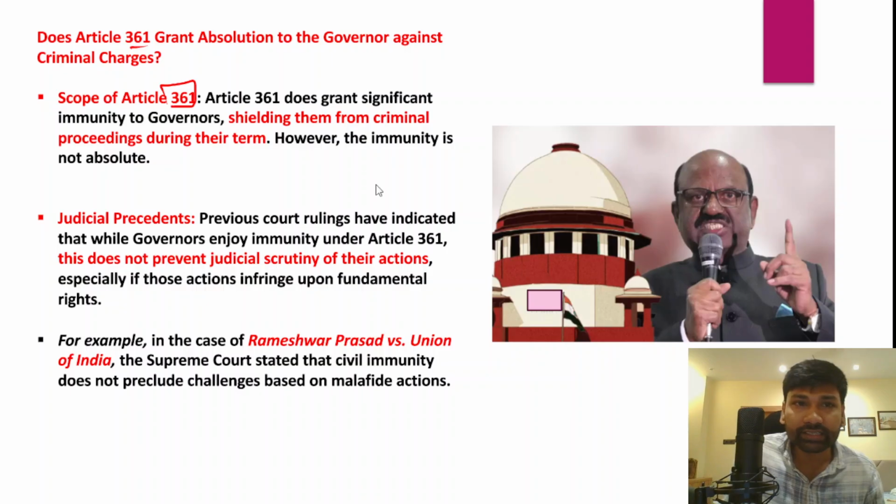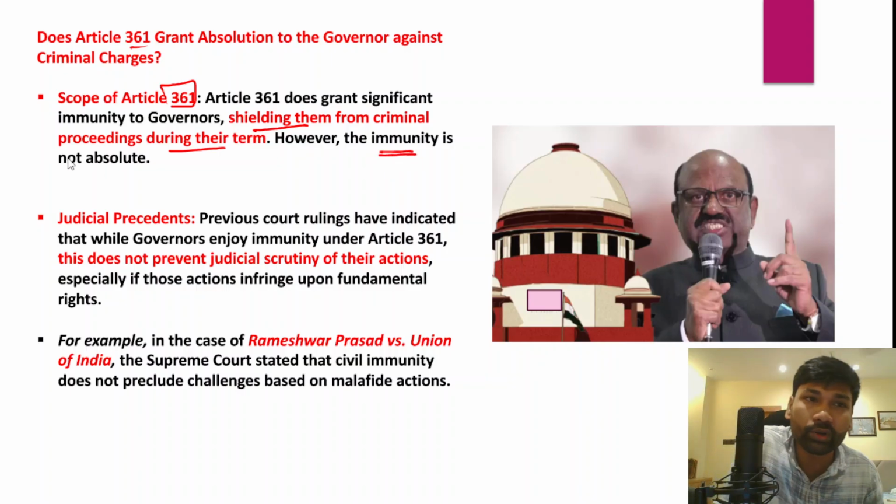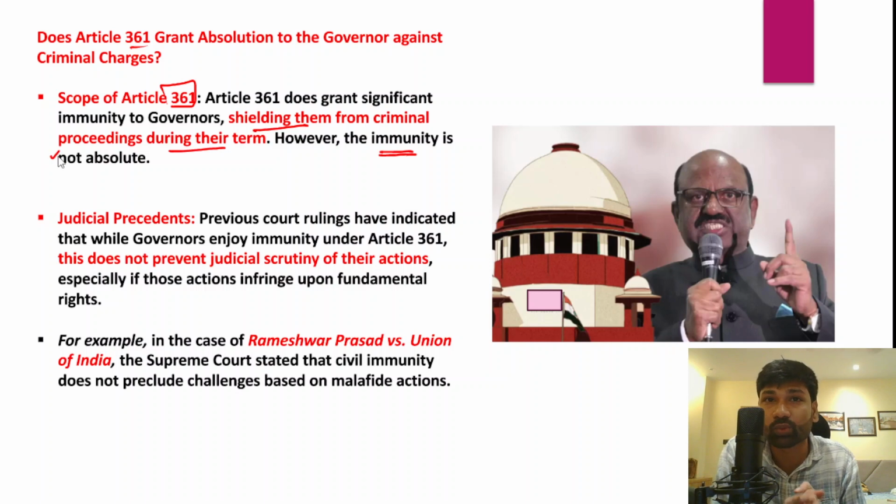It actually shields the governor or the president from criminal proceedings during their term as governor. However, one thing we need to understand is that the immunity granted by Article 361 is not absolute, but criminal proceedings cannot be initiated during the term of the governor, and that can be interpreted from the provisions of the Indian Constitution and various earlier judgments of the Supreme Court.